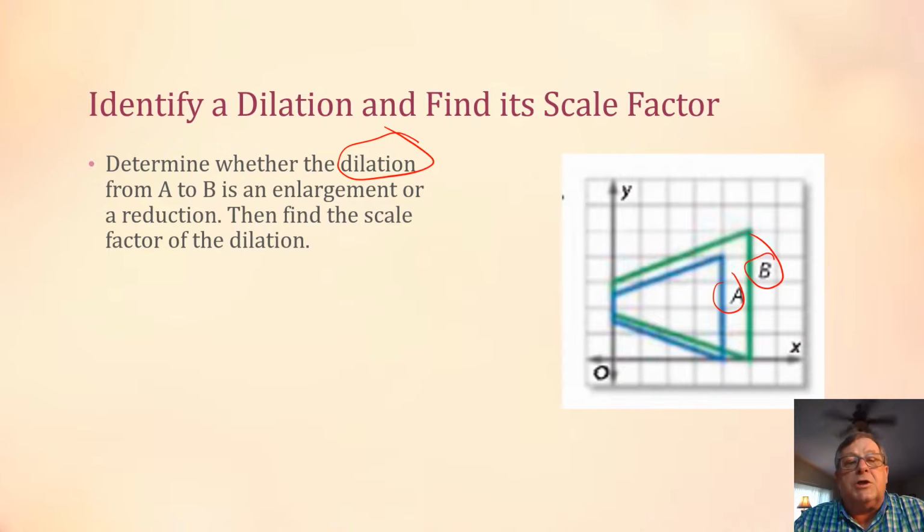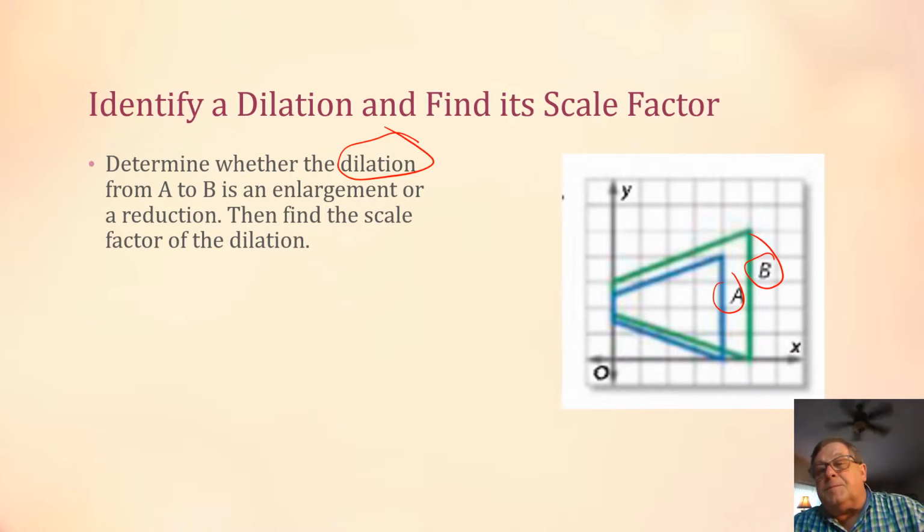But here we're just looking, we're told it's a dilation, we're just asked to find whether it's an enlargement or a reduction and then find the scale factor. And of course, just on visual inspection, I can see that it's definitely an enlargement because object B is larger than object A.